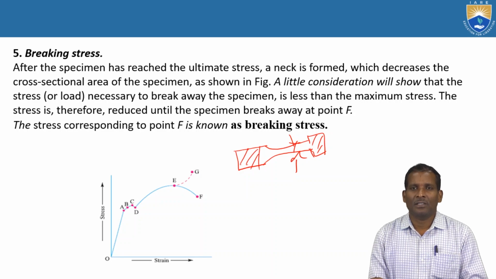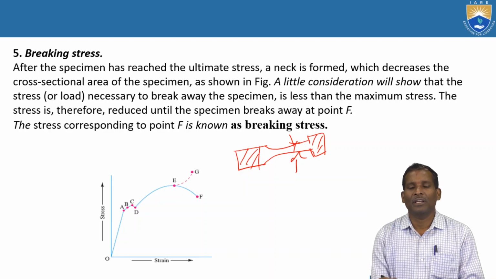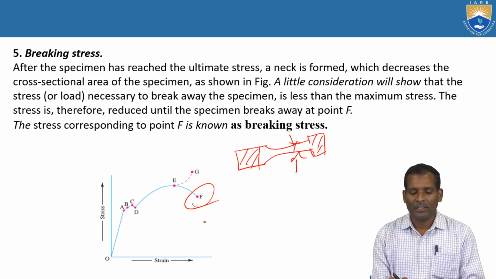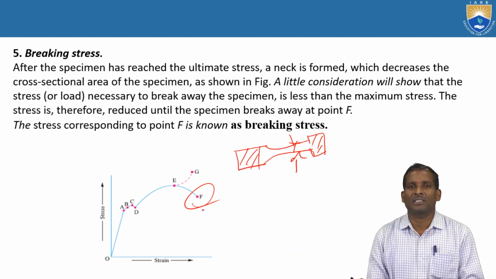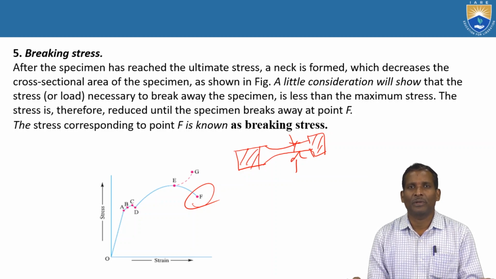The stress necessary to break the specimen is less than the maximum stress. This point is called the breaking point, and the stress available at this point is called the breaking stress. So what is the breaking stress for this specimen? You may calculate.